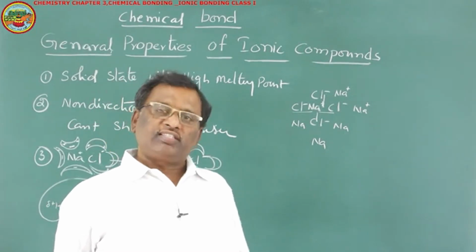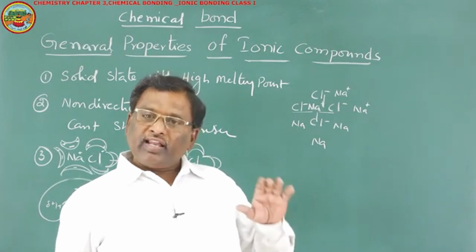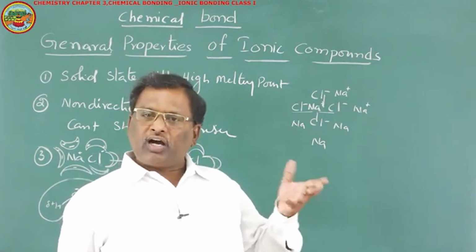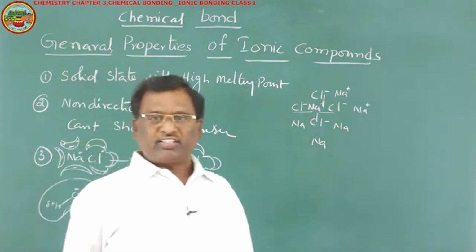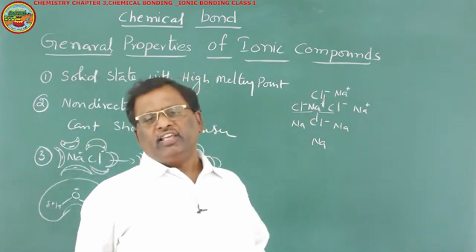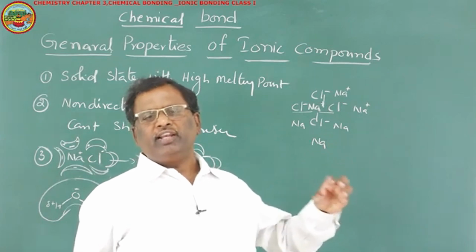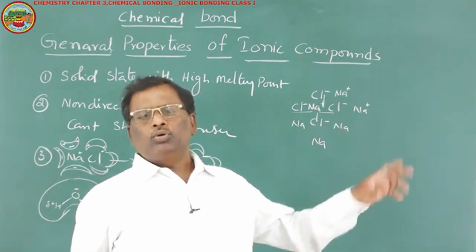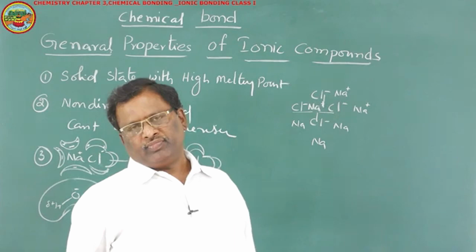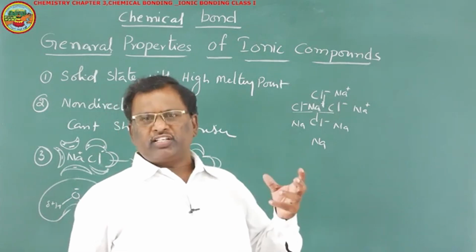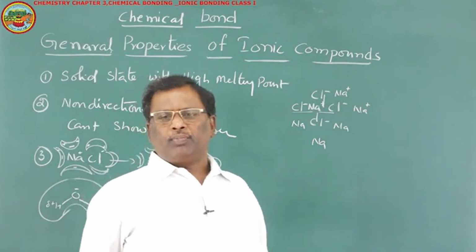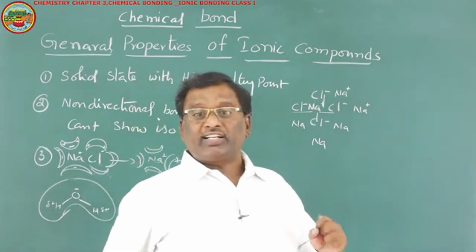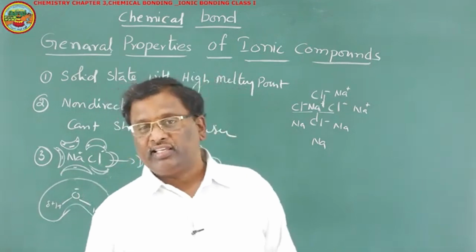Next, since they are in ionized state, in molten state or in aqueous solutions, ionic compounds are in liquid state. In their liquid state, each ion behaves as an independent unit and they move in all directions. Because in fused state and in aqueous solutions, these ionic compounds will act as good conductors of electricity.